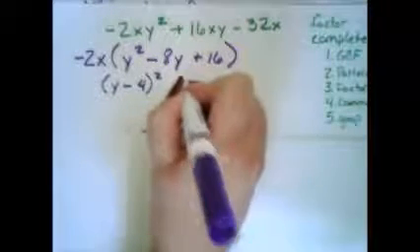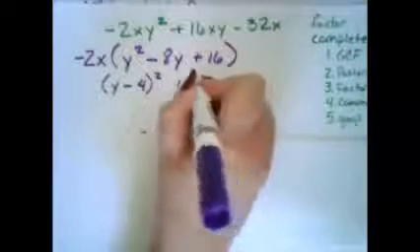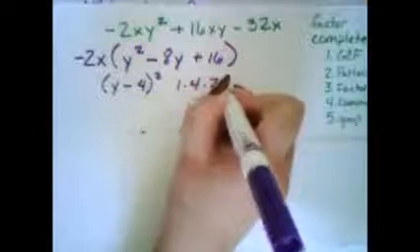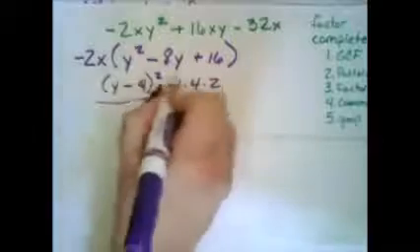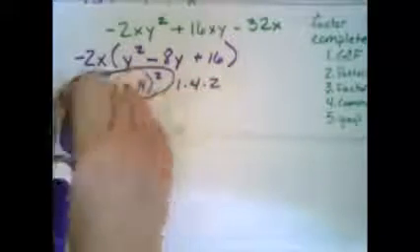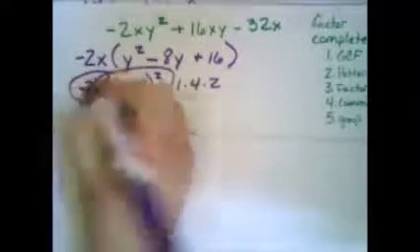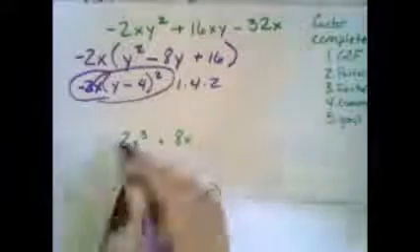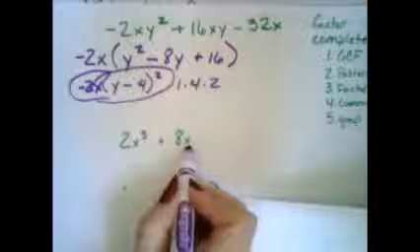So 1 times 4 times 2, that equals 8. So this is a perfect square, which means this is my answer.